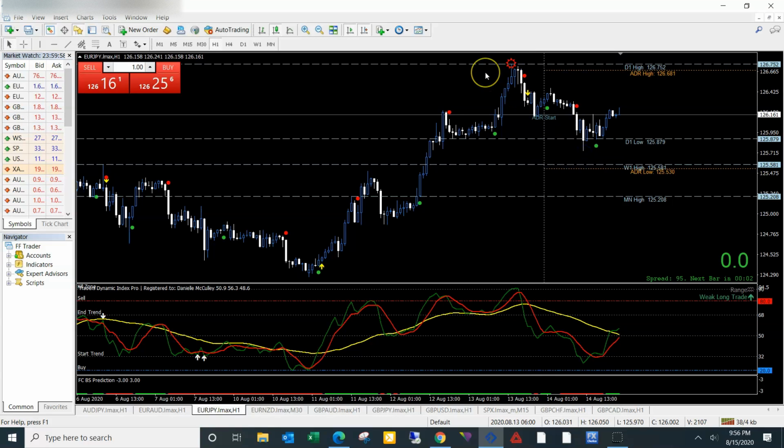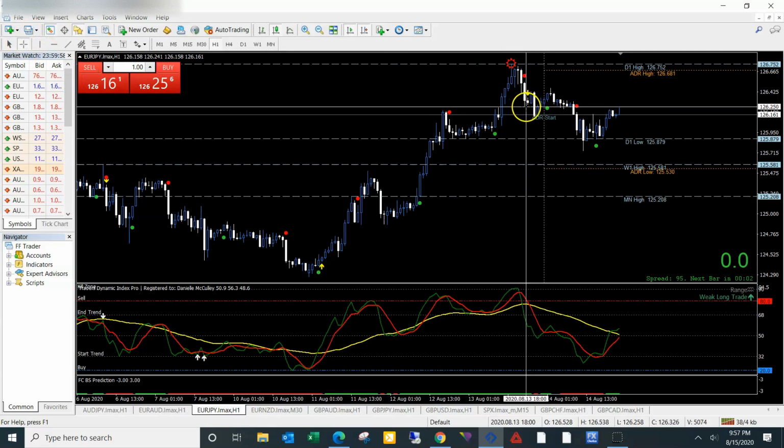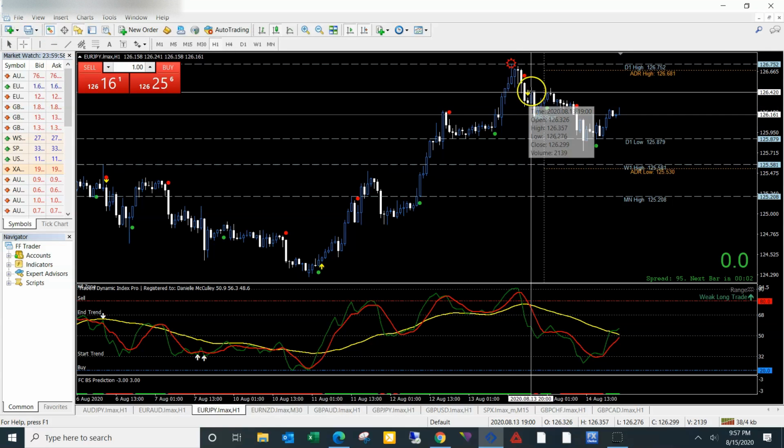Now a lot of people are going to ask, do the dots appear on the open or close of the candle? And I think it's the close of the candle. So when you see this combination, you're going to want to wait probably until the next candle or two to see if there is a pullback, and then you can do your entry.